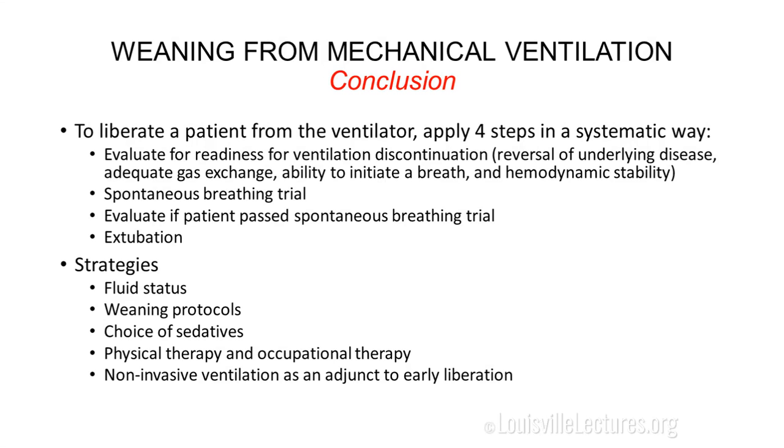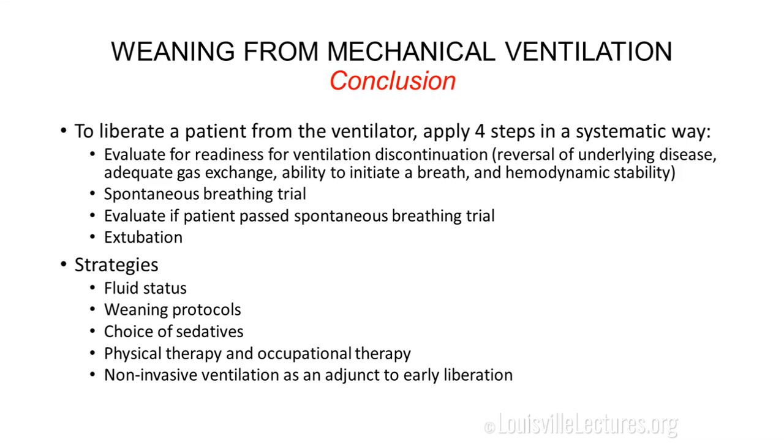Then you look at some parameters we talked about early on, and then you do a spontaneous breathing trial. The spontaneous breathing trial can be 30 minutes or 1 hour, can be done in different ways, can be T-pieces. We don't do T-pieces as often here. Can be pressure support plus PEEP, can be just pressure support, can be just PEEP, can be just tube compensation.